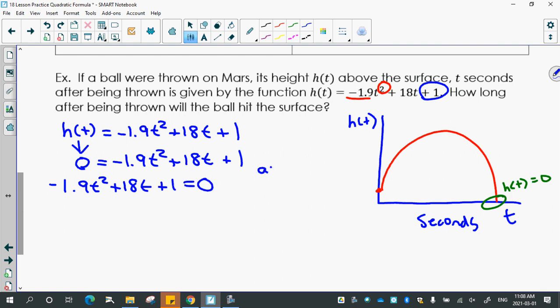And a is negative 1.9. And this is what's so great about the quadratic formula. Numbers in chemistry and physics are not known as nice, perfect numbers, right? So you have a way that you can always find the roots or solutions, even if you've got decimals, like 3 places, or even scientific notation. You can always use the quadratic formula.